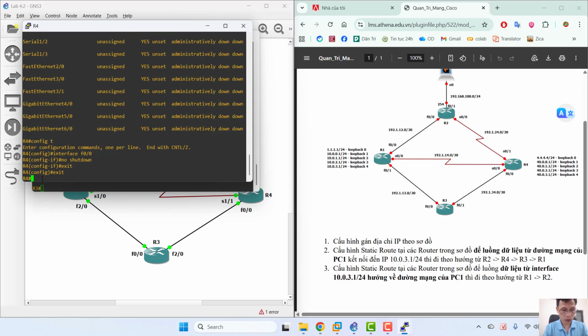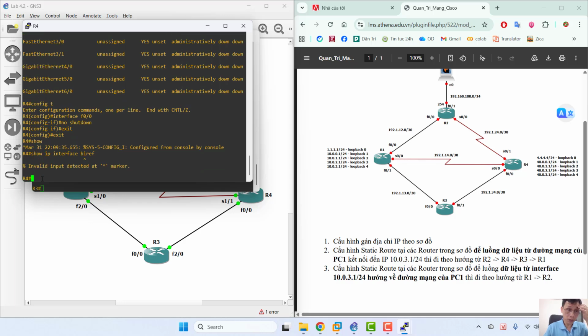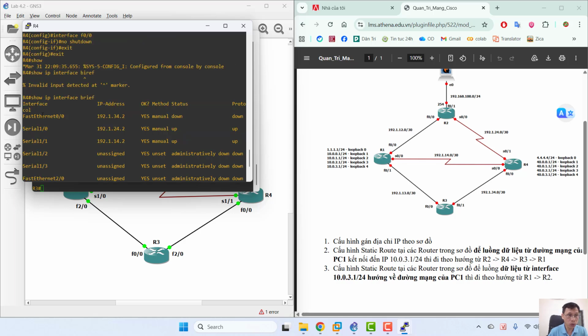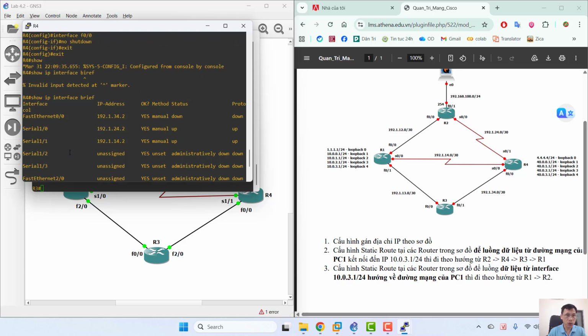Show IP interface brief. Oh, it's still down. Why? It's still down. Why?